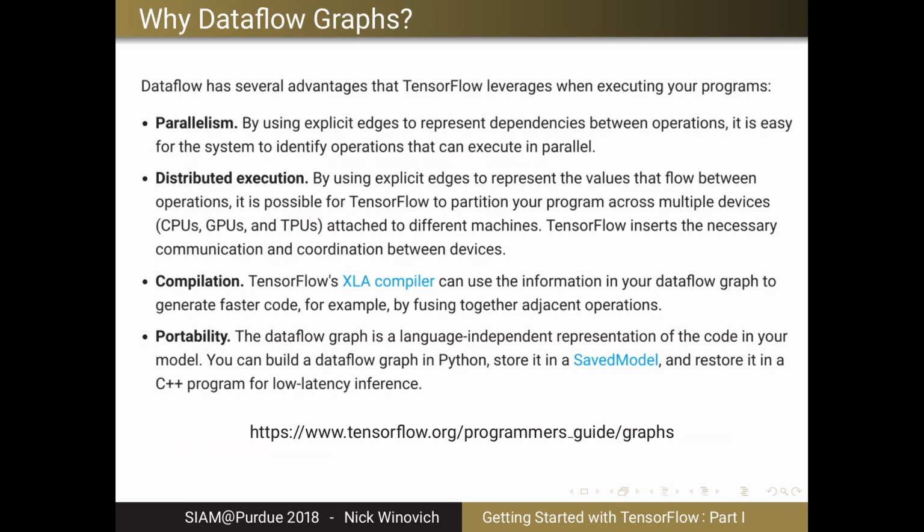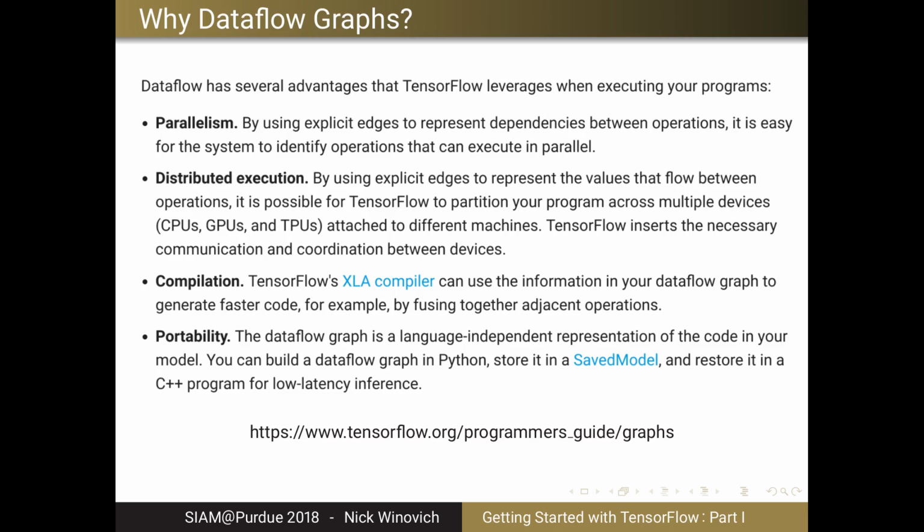And I just took from the API, there's a number of reasons why they started using graphs in the first place. This eager execution is a relatively new introduction to TensorFlow. And the basic point is that it's more efficient, it's readily parallelizable, and it works well with distributed execution and advanced compilation techniques.